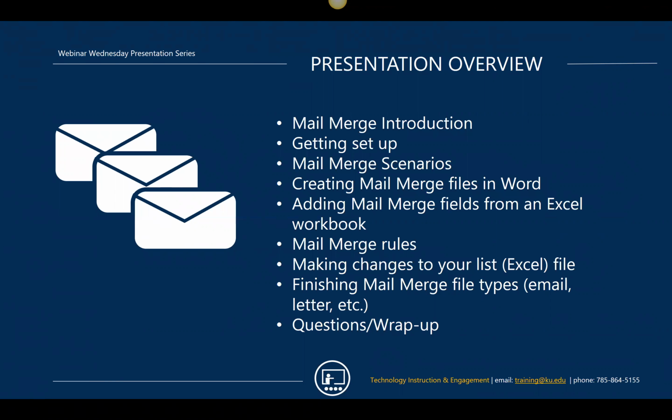We'll talk about rules, and then we'll talk about making any changes to your list within Excel, what to do, some best practices there. And then we'll finish the session with talking about how to finish your files and get them ready to send or print. Throughout the session here, we'll have questions, but there will be some dedicated time at the end as well for any additional questions that you may have.